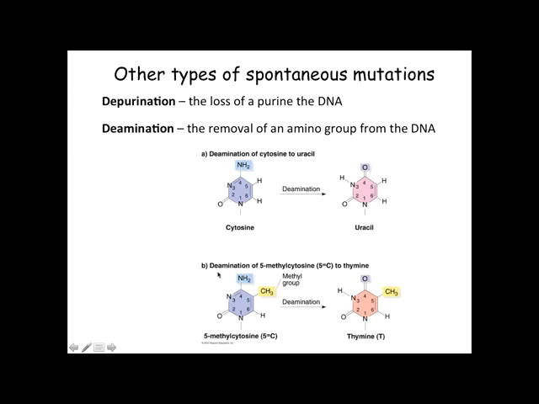Another deamination event that can occur is on what's called 5-methylcytosine. And we'll talk more about 5-methylcytosine when we talk about epigenetics. But this is, again, a cytosine. Cytosines can have a methyl group on the 5' carbon of their nitrogenous ring. And this methyl group plays a role in regulating how genes are expressed.